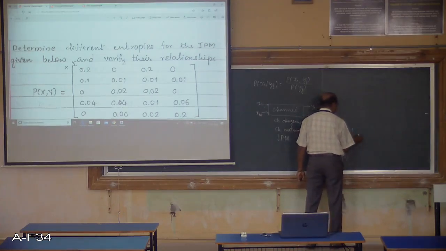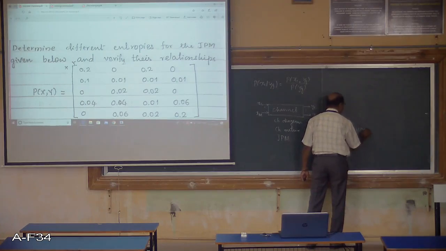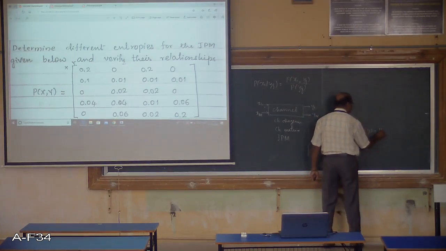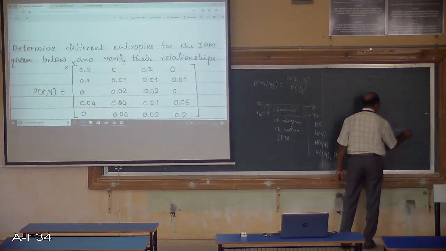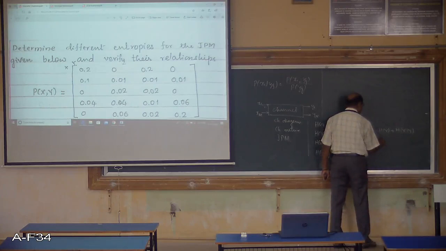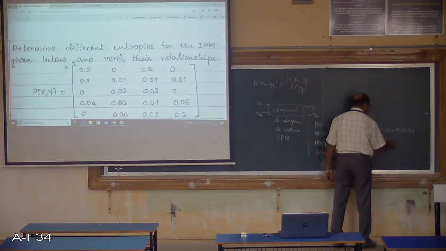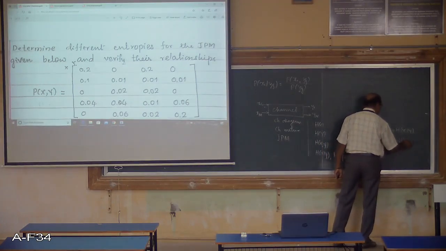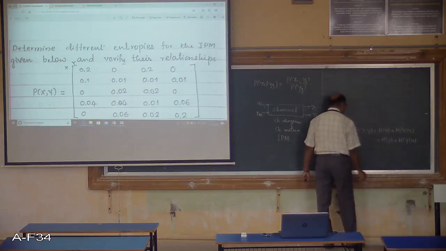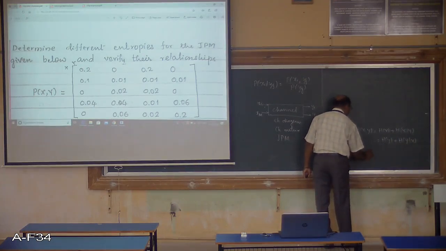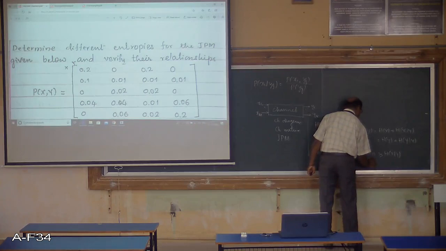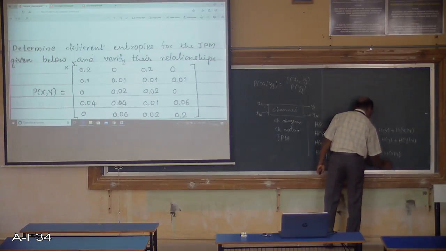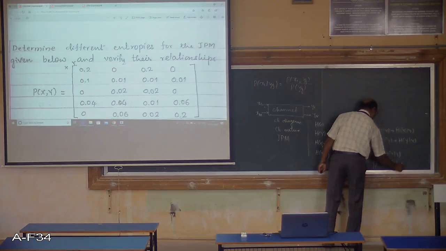We have also studied the relations between these. The first relation is that the joint entropy is h of x plus h of x given y. This is also h of y plus h of y given x, one relation. Second, the entropy of the source is always greater than or equal to h of x given y, and the entropy of the receiver is always greater than or equal to h of y given x.